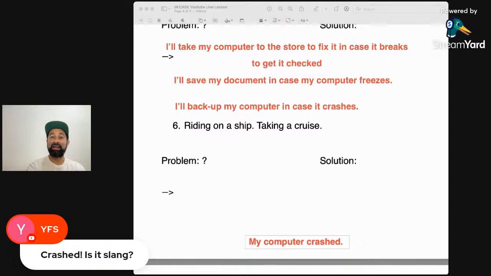We call them slang. But when everybody starts using them and it becomes mainstream, it moves from just being slang to just a regular word. And crashed now is just a regular word.